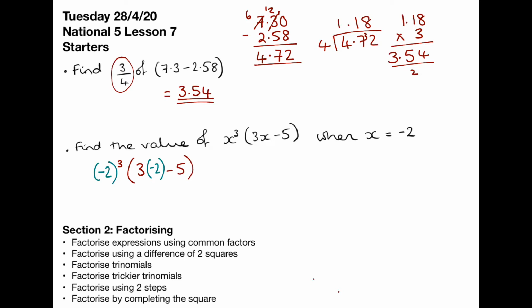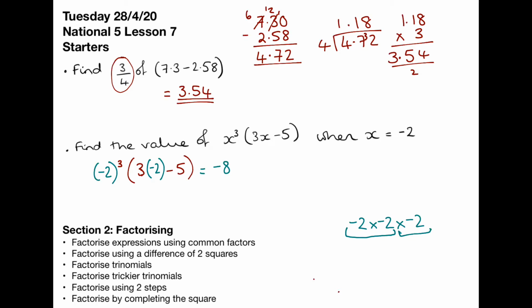So now we can start multiplying. So at the start, we've got -2 cubed. Remember, that means -2 times -2 times -2. So -2 times -2, that would give you +4, times -2, +4 times -2 is -8.